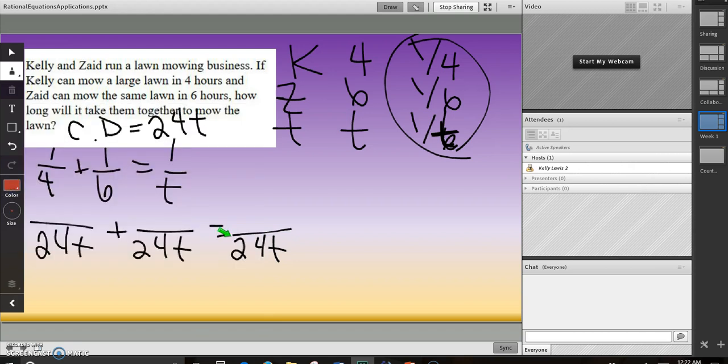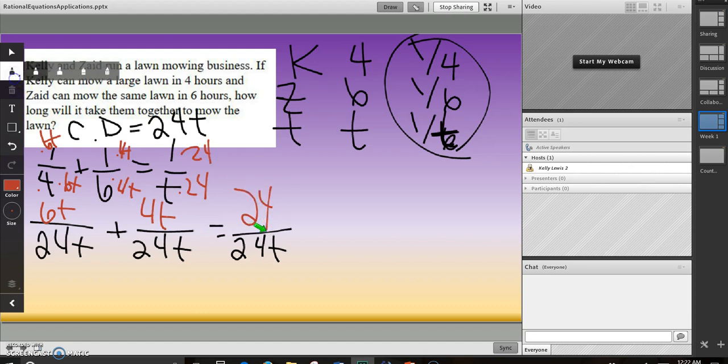All right. For 4 to get to 24t, we're going to multiply by 6t. For 6 to get to 24t, we're going to multiply by 4t. For t to get to 24t, we're going to multiply by 24. And so the denominator is all the same, it goes away.